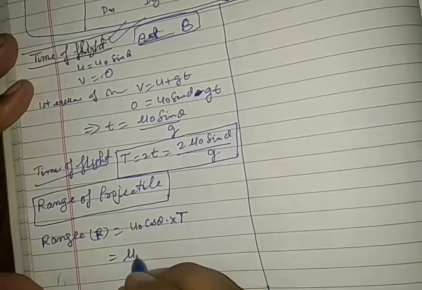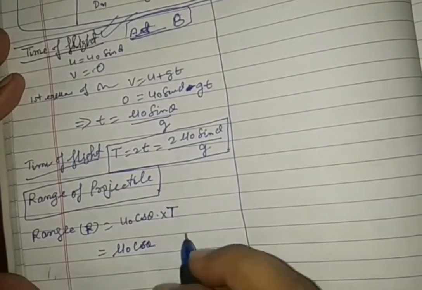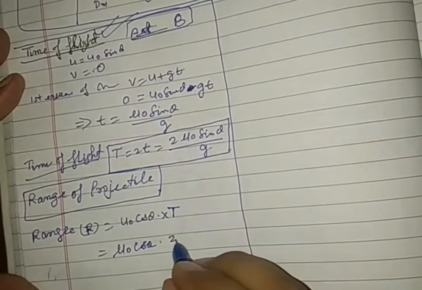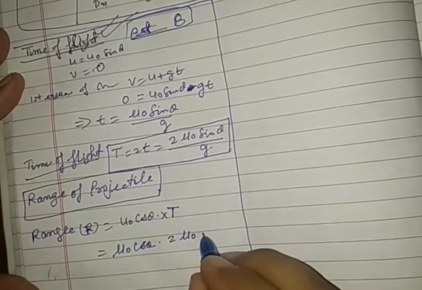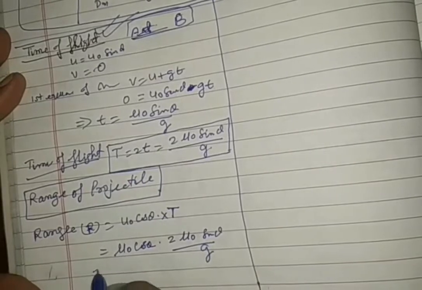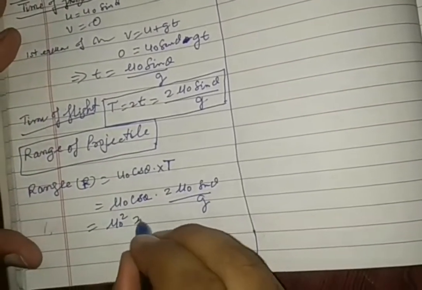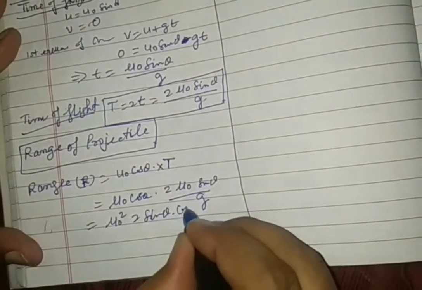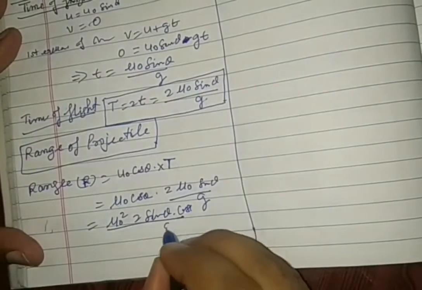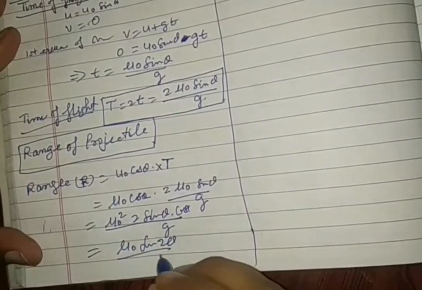It is u naught cos theta, and the time of flight from above is 2u naught sin theta by g. So u naught square 2 sin theta cos theta by g, or u square sin 2 theta by g.